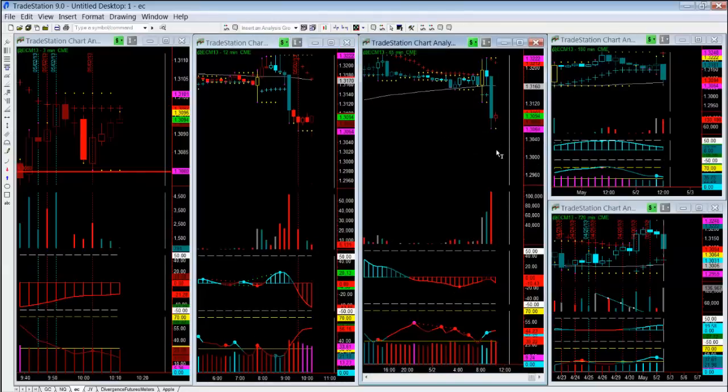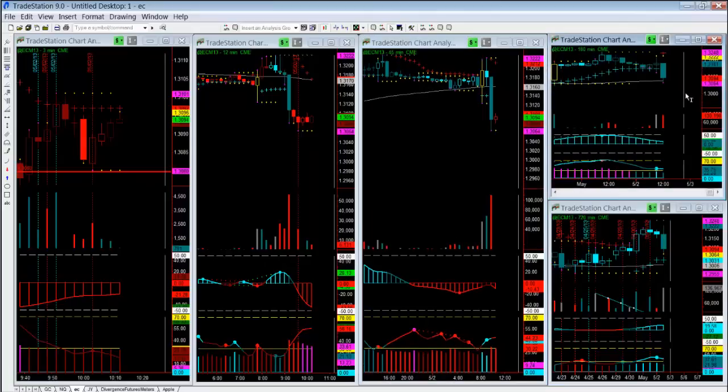I'm not seeing any divergence over here and no divergence anywhere else. This one I would have to be watching the 3-minute to see if the buyers actually come in this market. If the buyers don't come in, it's going to go back down.